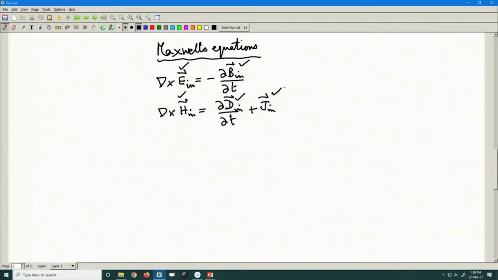Other than that, we have the two other equations.